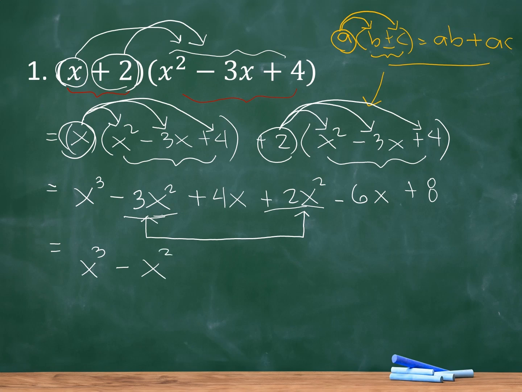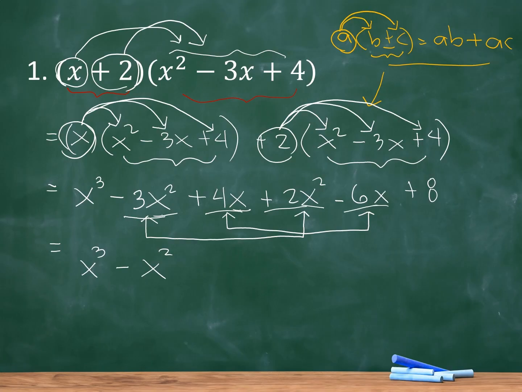And then we will also combine 4x and negative 6x. We can combine them because they are similar terms, and we know that they are similar terms because they have the same variable x. So we have here 4x minus 6x.